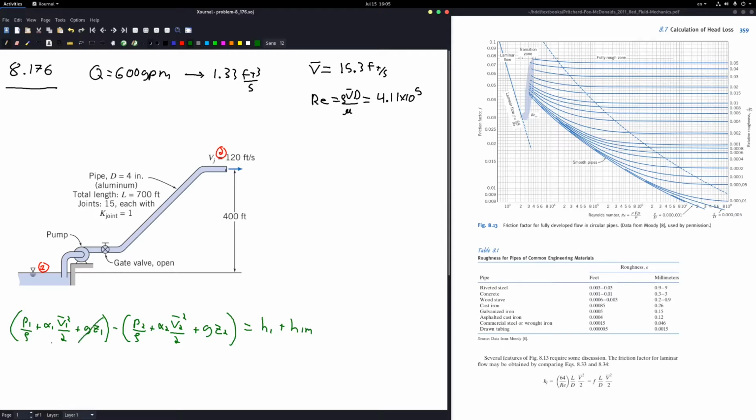Now from the points 1 and 2 drawn on the sketch here, we know that we're both pumping from atmospheric pressure to atmospheric pressure.